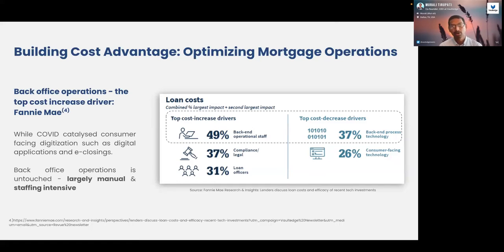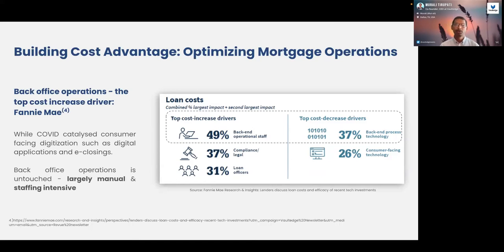So it is the staffing costs which are pushing up the costs. On the flip side, in terms of what is helping them reduce the costs, the answer was investments in back-end process technology. Those companies who invested in back-end process technologies were able to see results in terms of lower production costs, right?